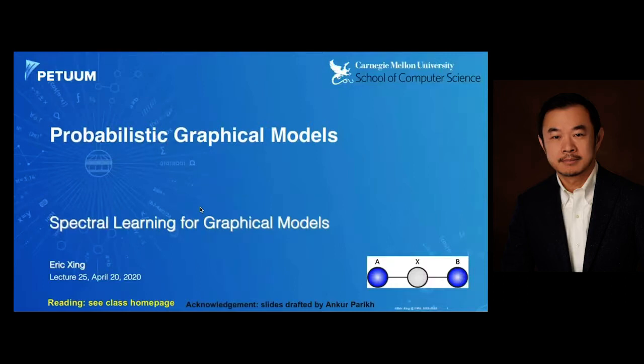So, spectral learning on graphical models. It was a very active topic about 6 or 7 years ago. And now, of course, with the sweeping interest in deep learning, many of these more nuanced technologies are not practiced as often.